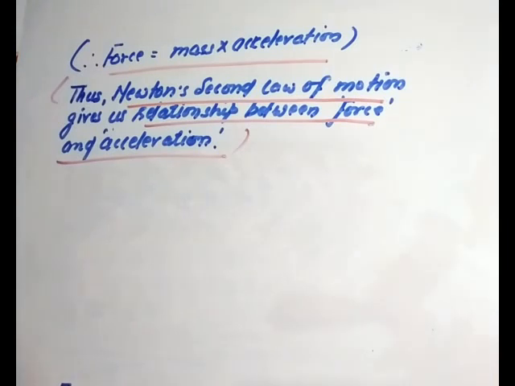Applications of Newton's second law of motion. A cricketer playing on the ground, when he takes a catch, moves his hand in the backward direction. Why does he move his hand backward? To reduce the momentum.